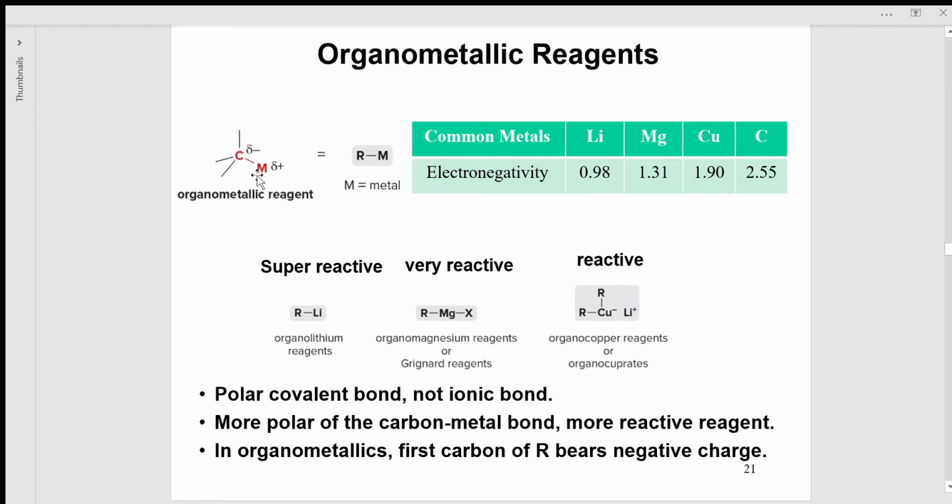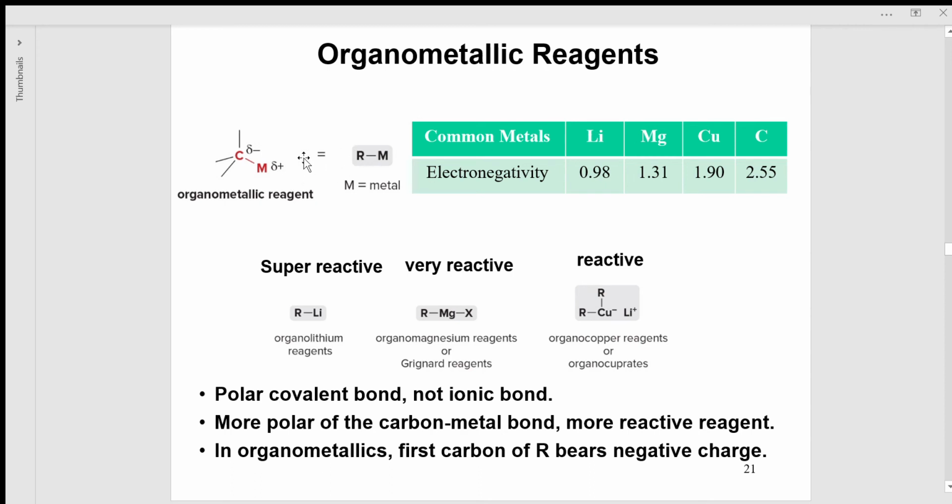There is a bond between the carbon, the organic part, and the metal part. This is the electronegativity of carbon as well as the three metals here. Carbon actually is the most electronegative atom in this group of atoms.